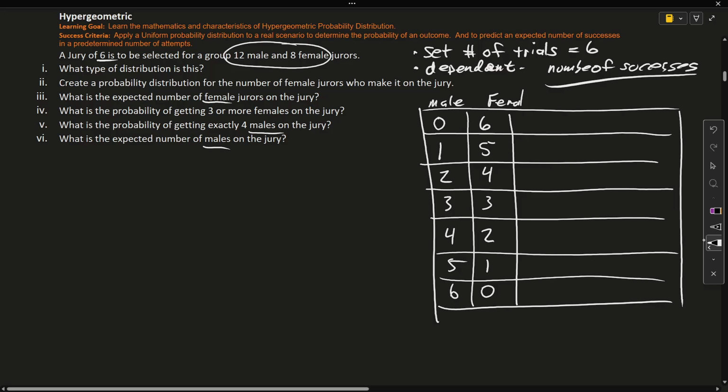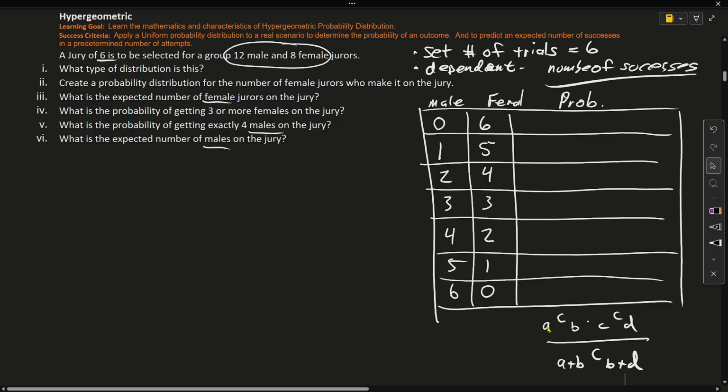Our formula for each one of these, so that the probability goes here, and we know that the formula, it doesn't matter the variables, is like A choose B times C choose D over A plus C choose B plus D. And essentially, what are these things?